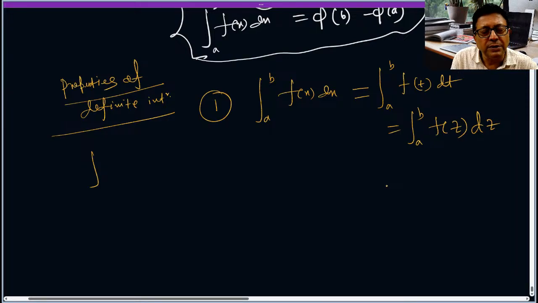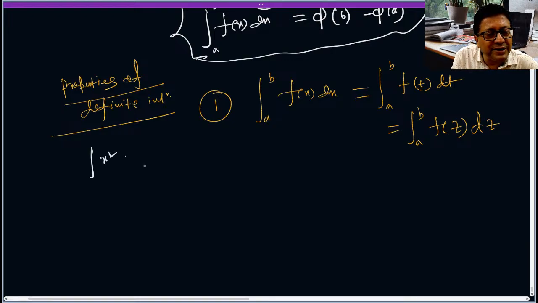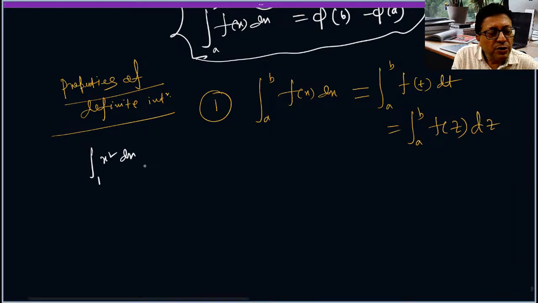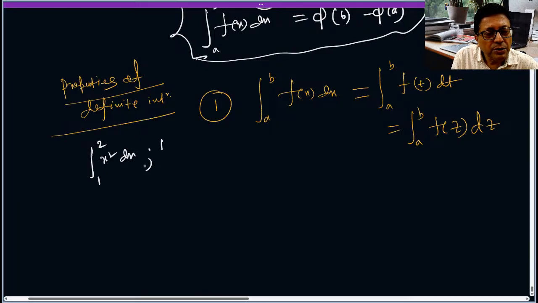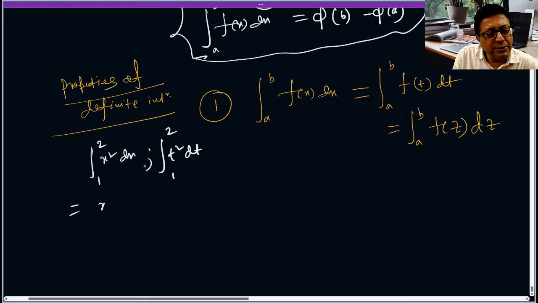For example, if we use the concept of the fundamental theorem of integral calculus, I am just asking you what is the value of integral 1 to 2 of x squared dx, and integral 1 to 2 of t squared dt? Same value. There you write x cube by 3, 1 to 2, value is 8 minus 1, 7 by 3.